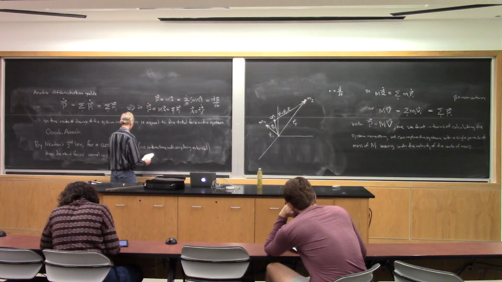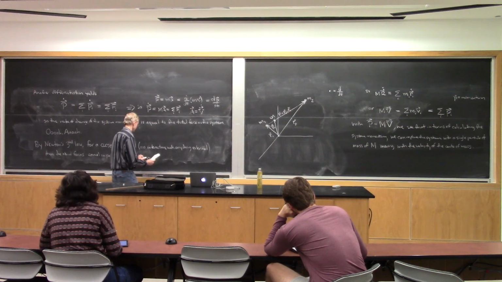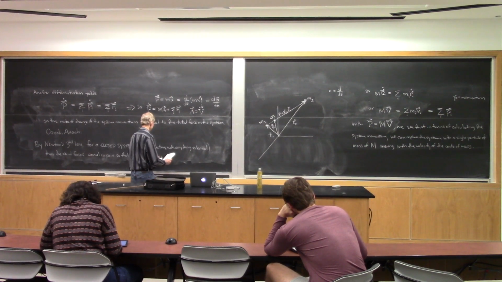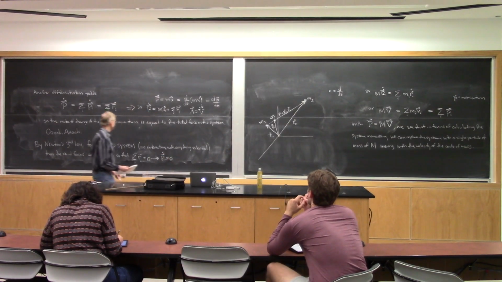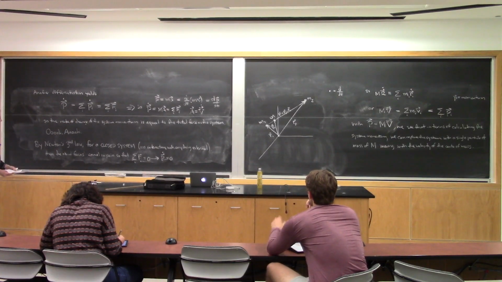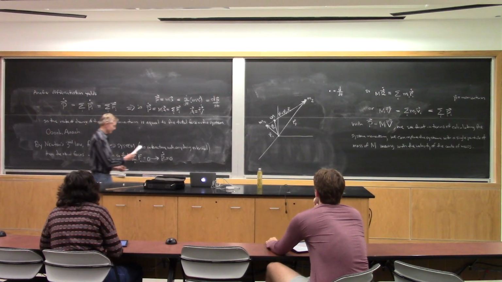So the sum of the Fi is equal to 0, and that says P dot is equal to 0, because P dot is the sum of the Fi.